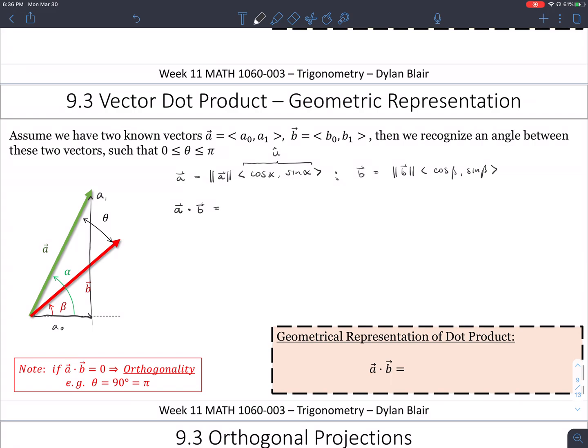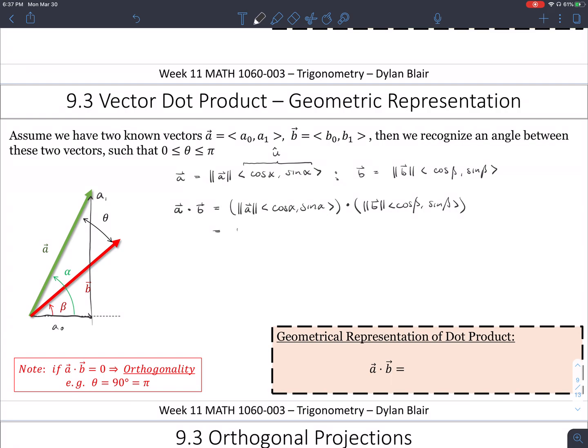So we can say that A dot B is going to be this decomposed vector A dotted with this decomposed vector B. Now, using our scalability property, we know that we can scale any result of a dot product.